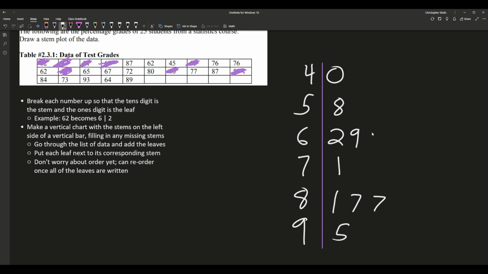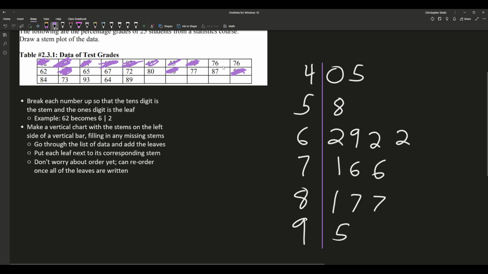And then I write another 2 for this next 62. And I write a 5 for the 45.